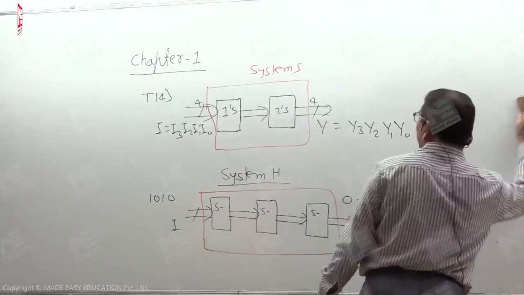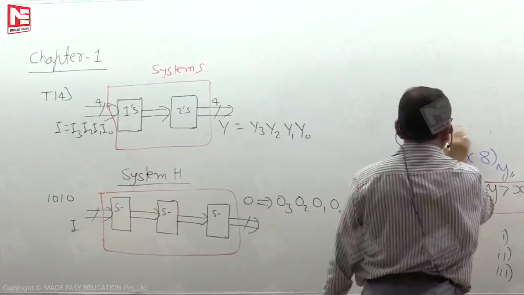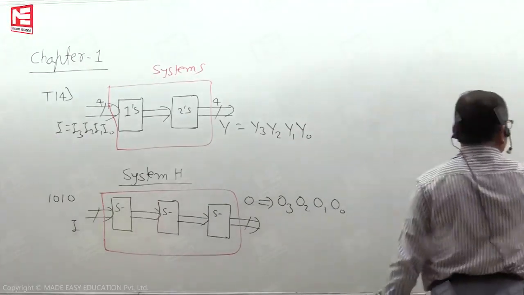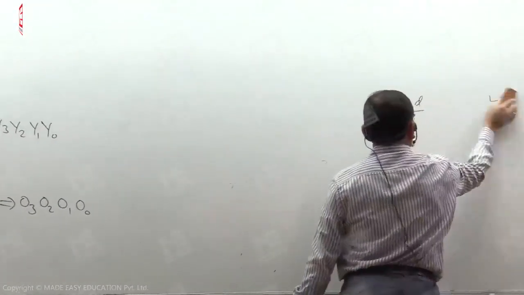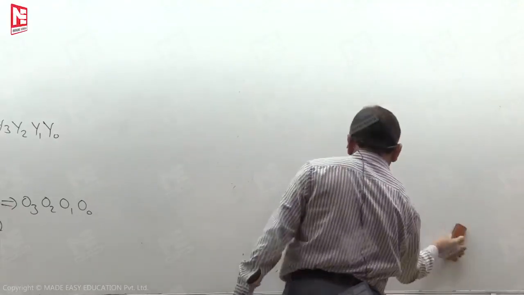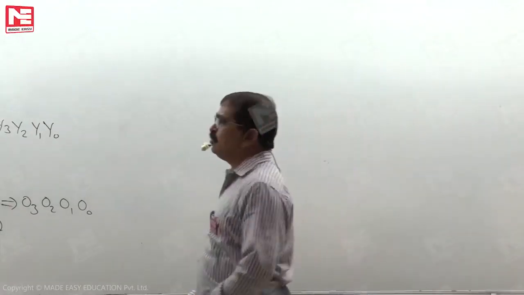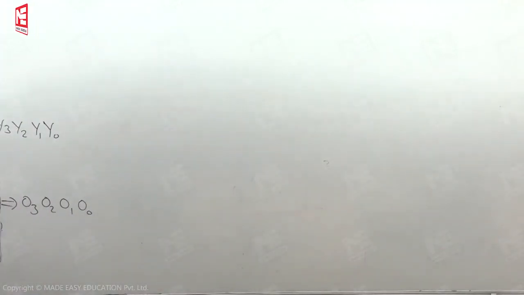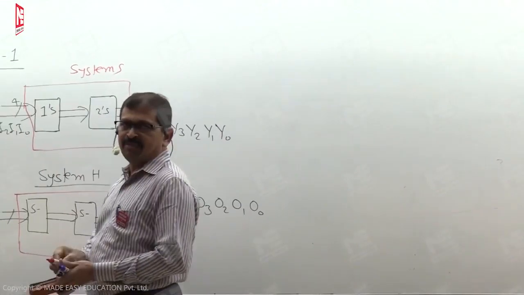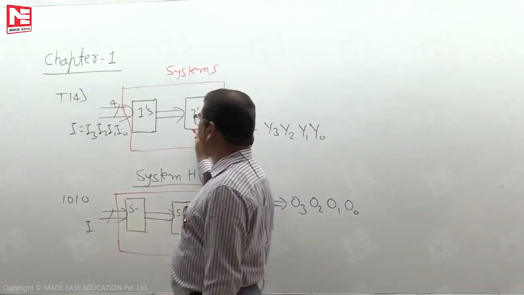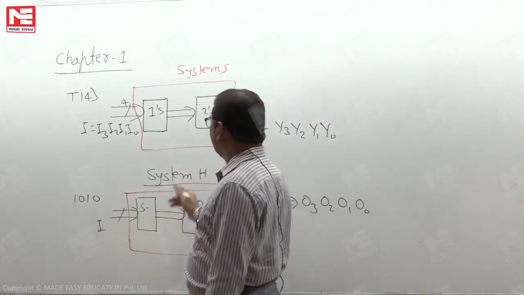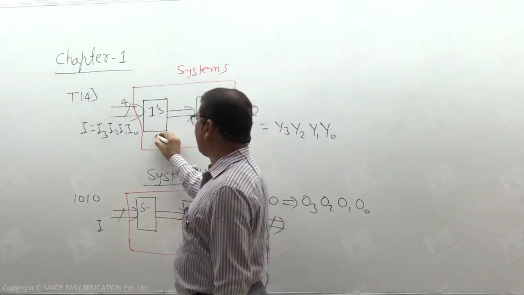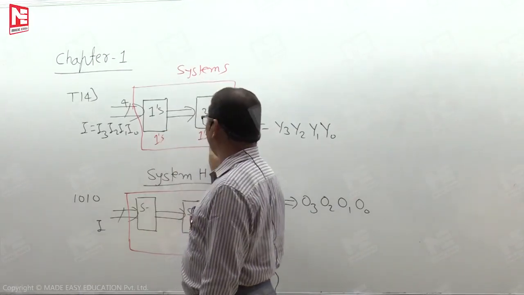The functionality of the S system can be understood with knowledge of ones complement and twos complement. First we are having the ones complement operation on the given number by using the first block. Later we are having the twos complement operation. Twos complement operation is nothing but ones complement plus 1. Here we are having ones complement, here one more time.